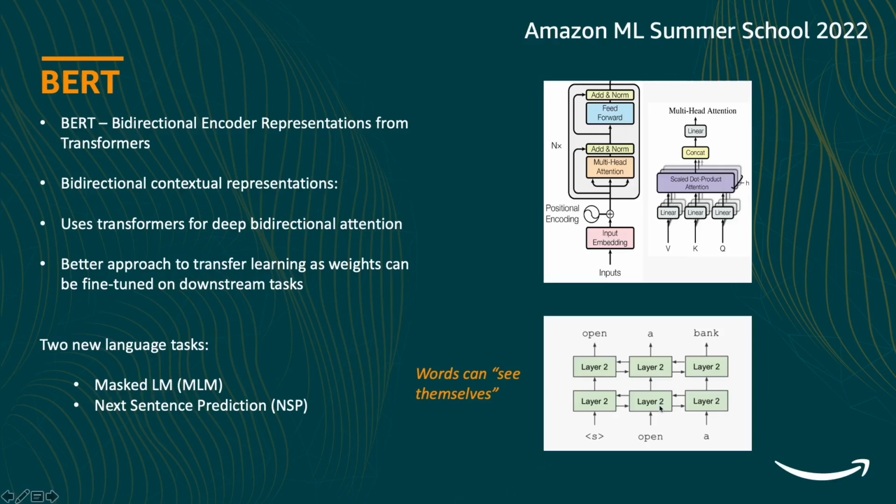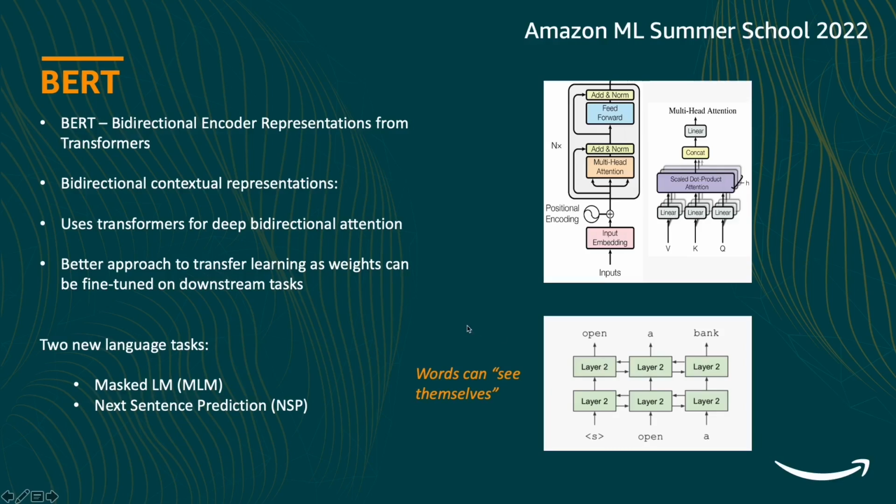This is because, let's say we are predicting the word open here, but since we are giving the bidirectional context, we are also giving the word open as an input. So the model will be able to see the word open, and it will just learn to predict the next word. So the training process will become trivial and the model won't learn anything.